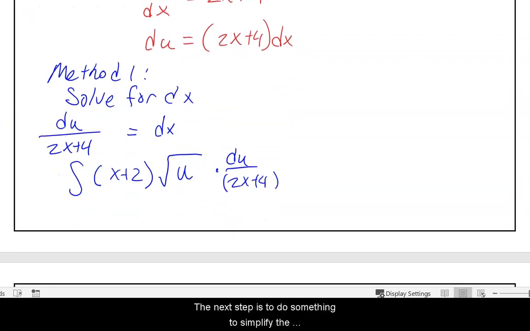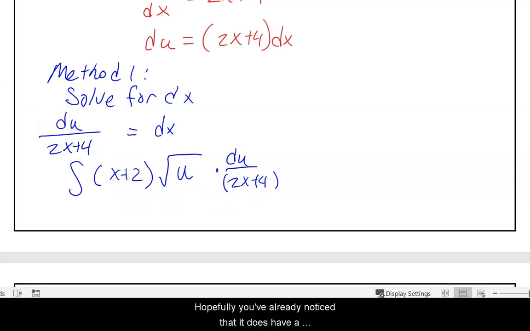The next step is to do something to simplify the expressions that still have the variable x in them, the original variable, so that they go away. I cannot integrate until I have only one variable, and the variable needs to be u, so x has to go. That means I've got to do something to 2x plus 4 so it looks like x plus 2.